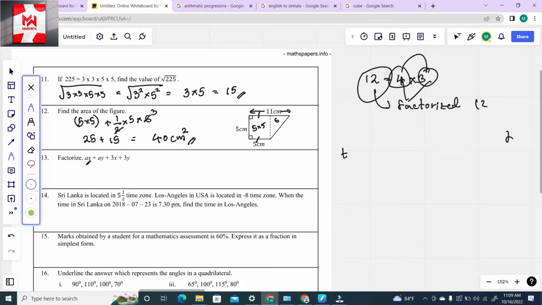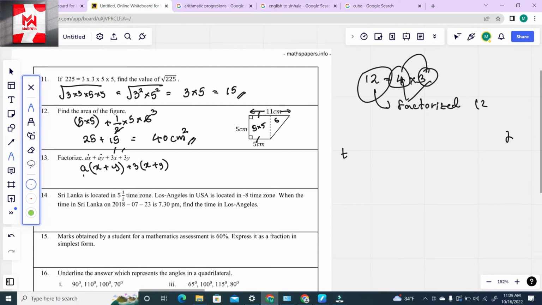When we consider these two, the a is common. When I bring out a, the x is there. When I bring out a, the y is there. Now when I consider these two, if I bring 3 out, now the x is there, and here y is there.